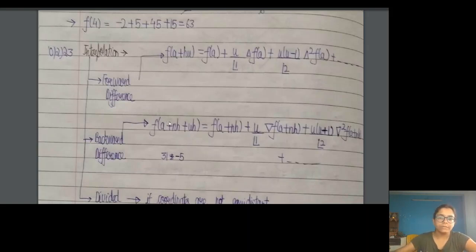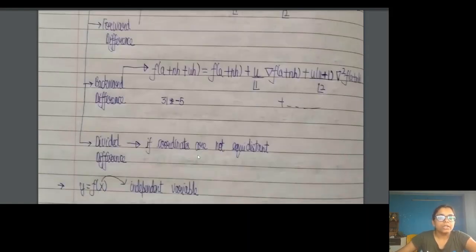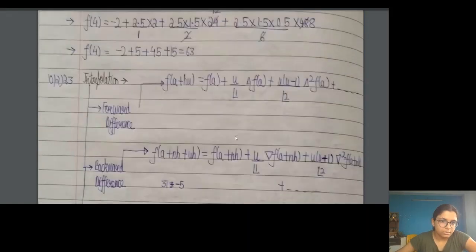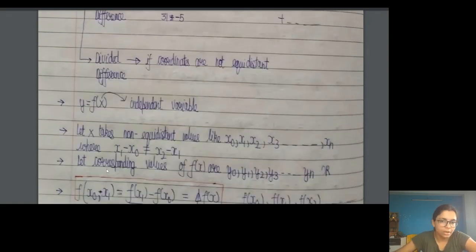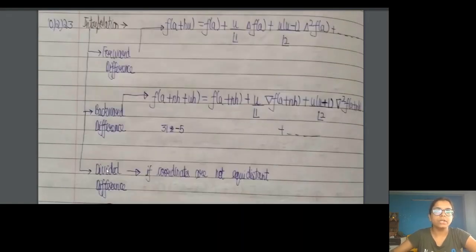For divided difference, the coordinates are not equidistant. The coordinates in forward difference and backward difference are always equal, but in divided difference we do not have equidistant coordinates. Generally we have data sets which are not equidistant.